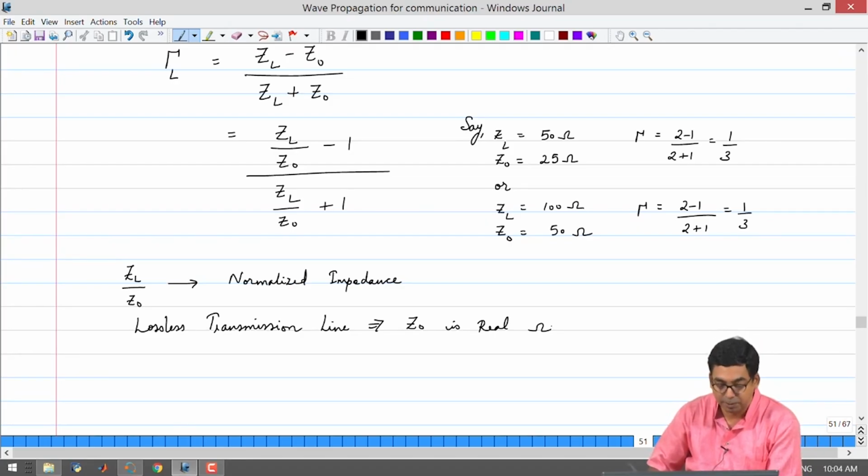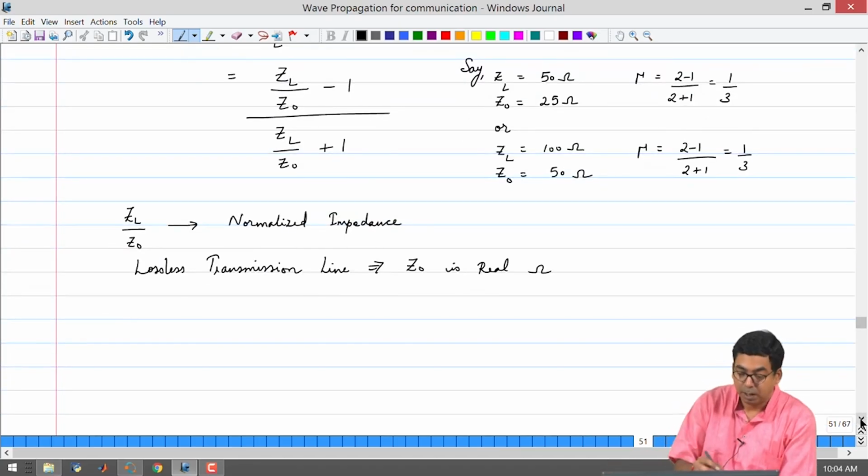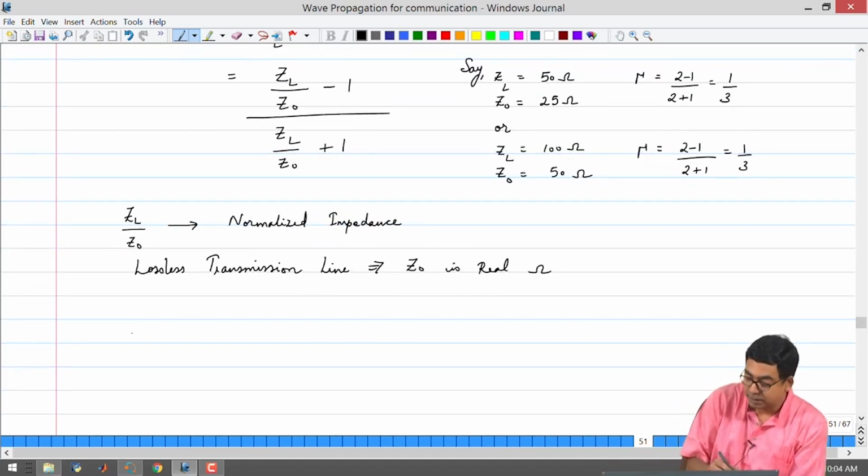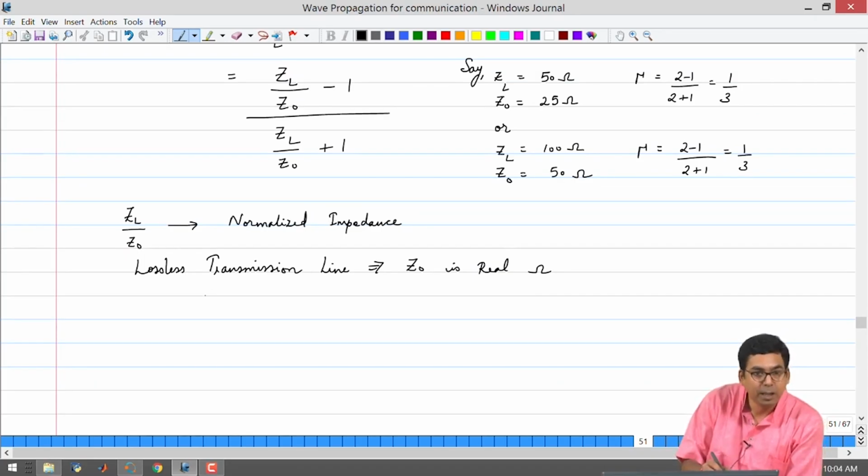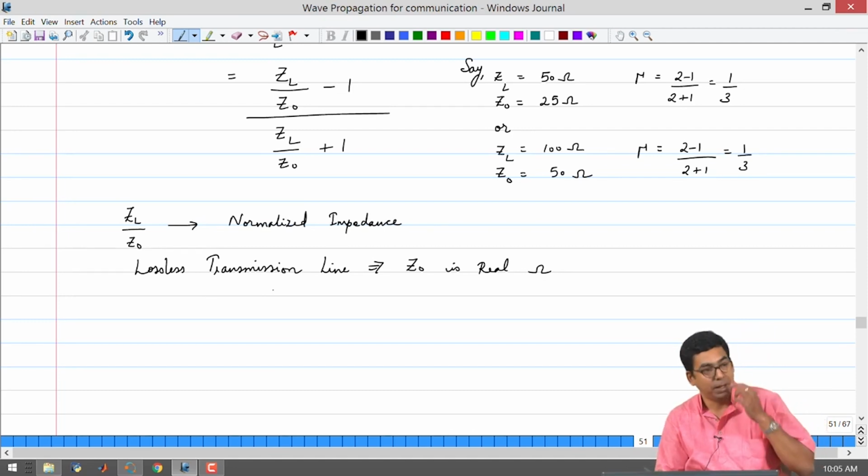Now, the way we are going to represent the normalized impedance is that suppose your ZL is not real, it has a real and an imaginary part. So, the ratio ZL to Z0 will have both real and imaginary parts.